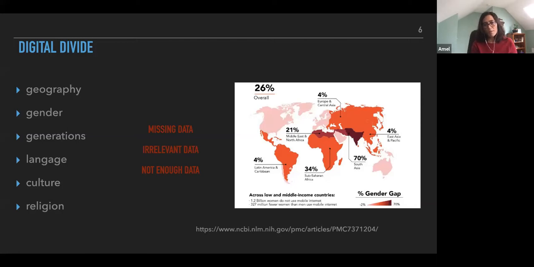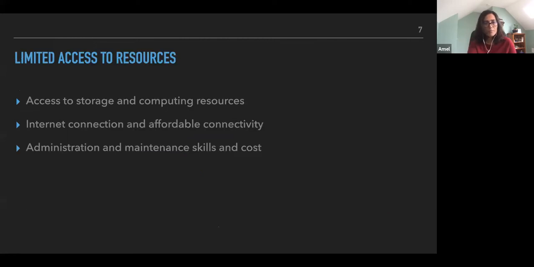And all these aspects, when we collect data, could lead to missing data, collecting irrelevant data, and also collecting small quantities of data that are not representative of a certain population.